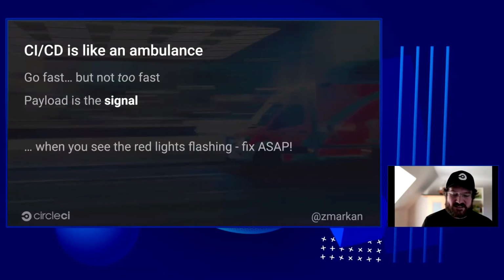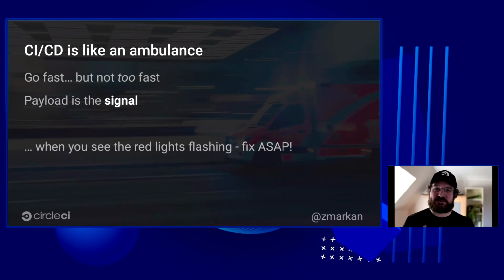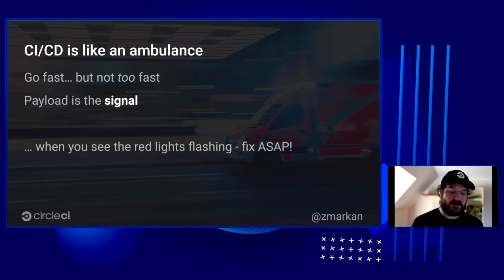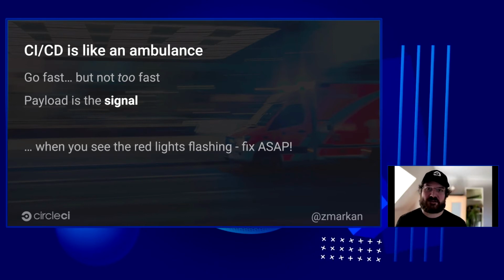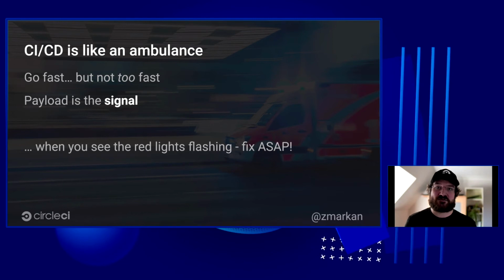Anyway, you know, when I said that it's very similar to a race, it's actually not. I lied, or I deceived you, because CI/CD speed is more about being an ambulance than being a racetrack. It's good to go fast, but you also need to make sure that the signal you're carrying is still there, because your payload, your test validation, is the actual signal.